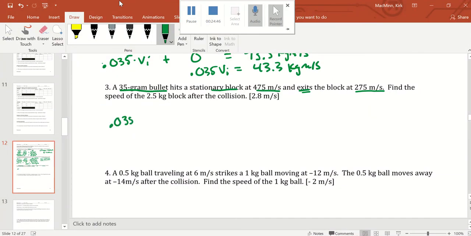So 0.035 kilograms is the mass of the bullet. It's initially moving at 475 meters per second.